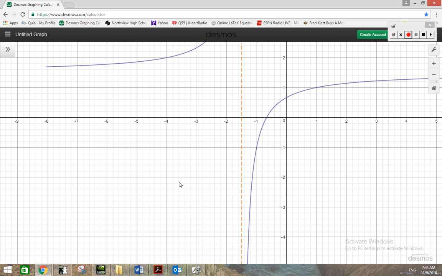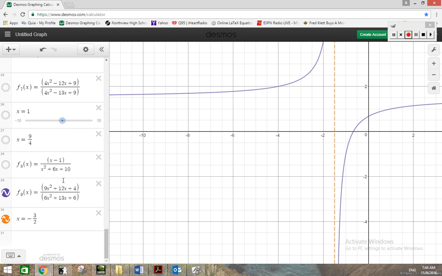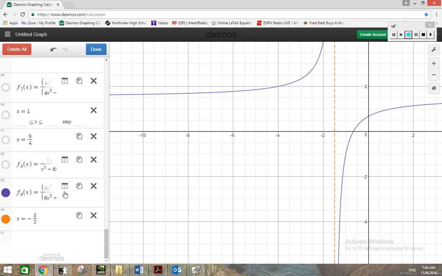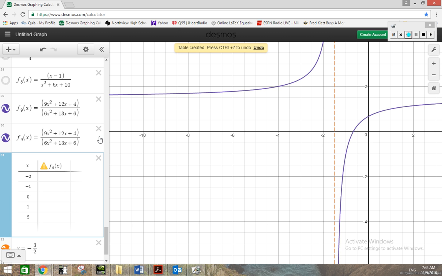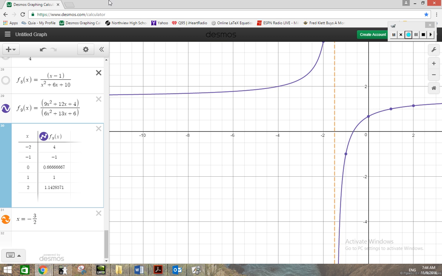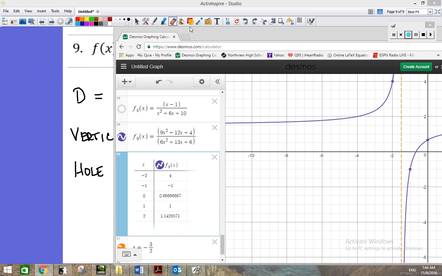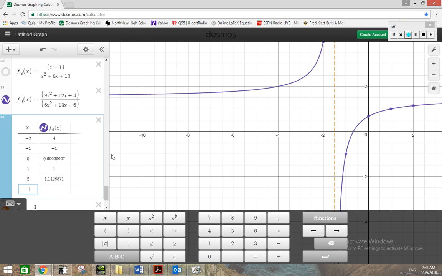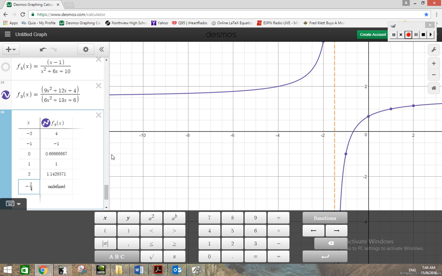So we were correct in our vertical asymptote, and if we look at a table, we can illustrate that there's a hole because it'll be undefined in our table. If we key in negative 2/3, it's undefined, and that's where there was a hole in the graph.